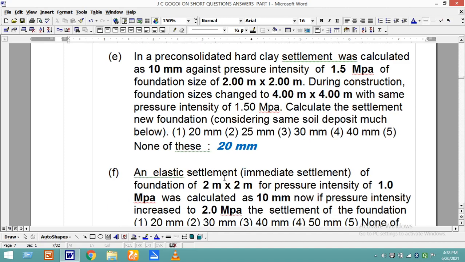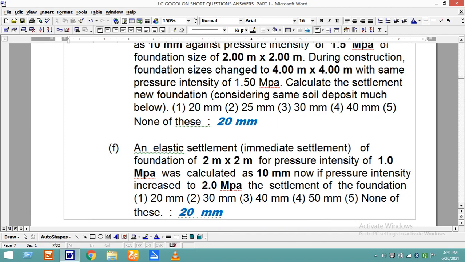An elastic settlement of foundation 2 by 2 meter for pressure intensity of 1 MPa was calculated as 10 mm. Now if pressure intensity is increased to 2 MPa, what shall be the settlement of the foundation? 20 millimeter, 30 millimeter, 40 millimeter, 50 millimeter, none of this.